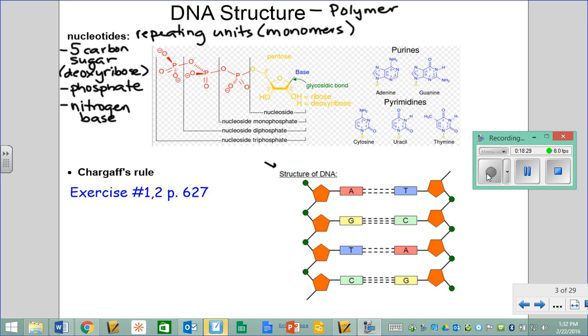Now, the nitrogen base obviously has nitrogen in it. That would be a distinguishing thing. And there are 4 choices for what the nitrogen base can be. So there are 4 different possibilities here. It can be A, T, C, or G.